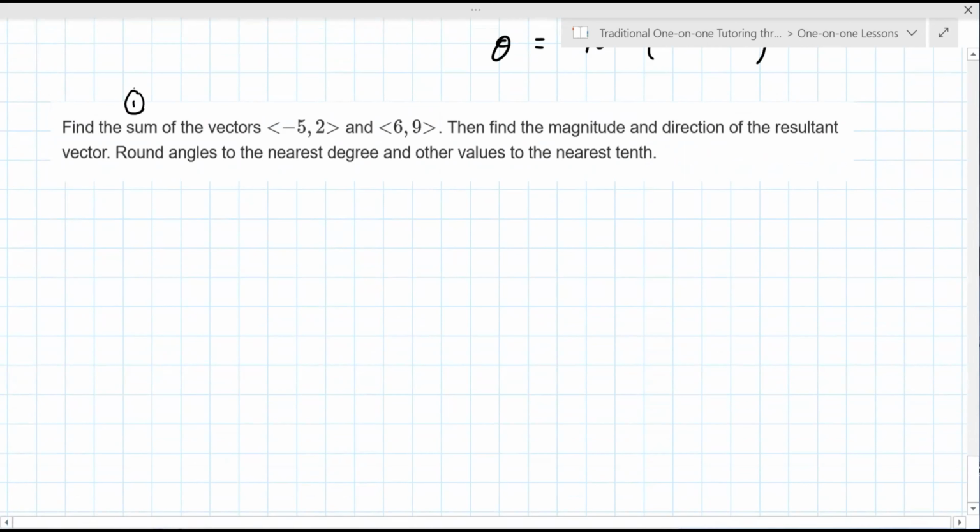Let me know when you get your sum. Okay, so I get 1, 11. Good. Now give me the magnitude of it.